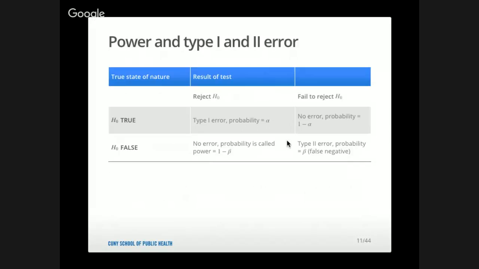So looking at this first row where the null hypothesis is true, so that's the state of nature where we're testing an ineffective drug, we're studying a gene that is not differentially expressed. That's the true state of nature.